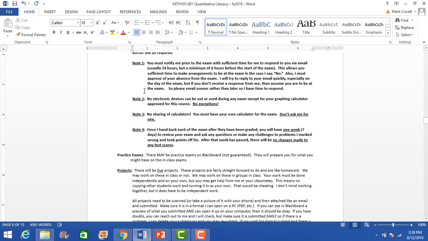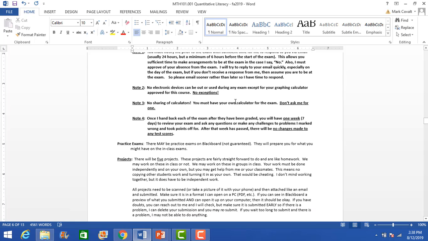Let's see. No electronic devices other than a calculator are out during the exam. Except, now here's the thing, your phone is to be out, turned upside down, on either silent or off. This way, if you have to go to the bathroom, you don't have to ask me for permission, and I don't have to stop you and see if you have your cell phone with you.